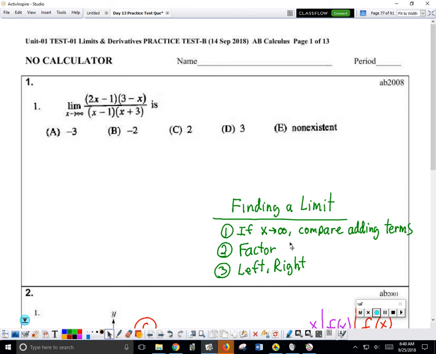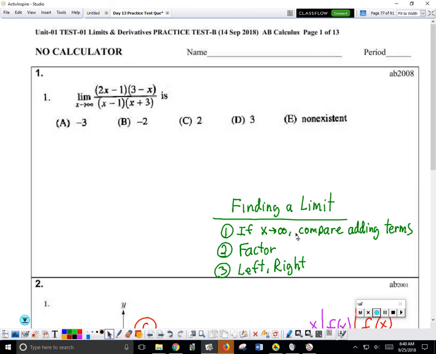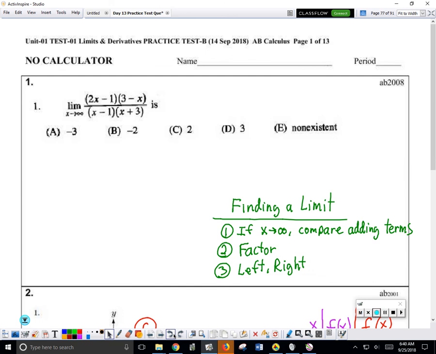So I would have a flashcard that says this. Whenever I have to find a limit, the first thing I think of is what you were saying, which is I check to see if it's a limit as x approaches infinity.